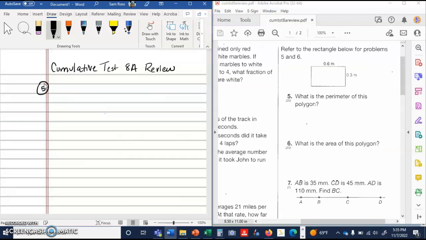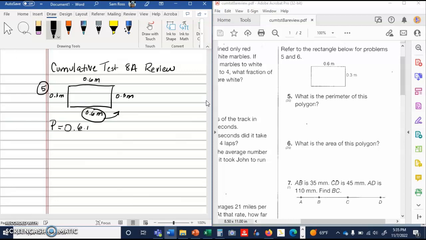Okay, here's number 5. So important when you take notes like this that you can read your own handwriting. Number 5 says, what is the perimeter of this polygon? This polygon is a rectangle. This is 0.6 meters. This is 0.3 meters, which means this is 0.6 meters and this is 0.3 meters. So the perimeter, when I do perimeter, I pick a side, I start at a side, and I go in a direction until I come back to that side.